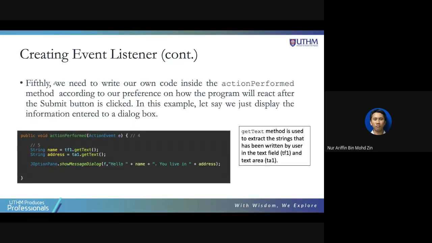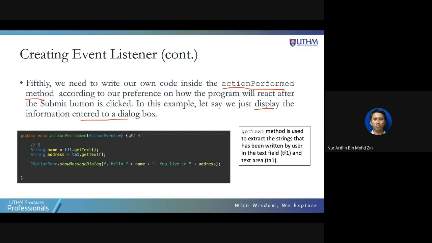Fifthly, we need to write our own code inside the actionPerformed method according to our preference on how the program will react after the submit button is clicked. In this example, let's say we just display the information entered to a dialog box.